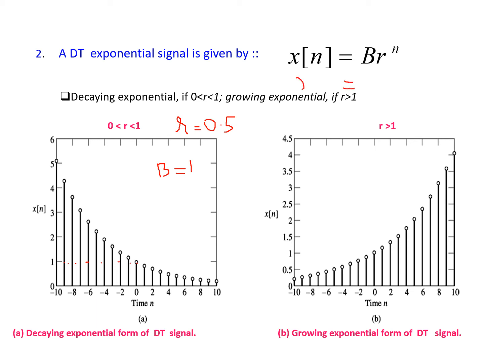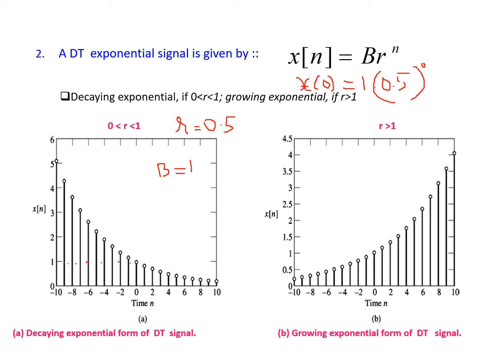So x at 0 is b, which is 1, into 0.5 to the power of 0. Anything to the power of 0 is 1. So 1 into 1 is 1. So x at 0 is 1. You can see x at 0 is 1.